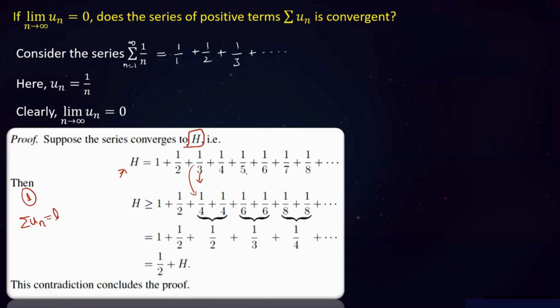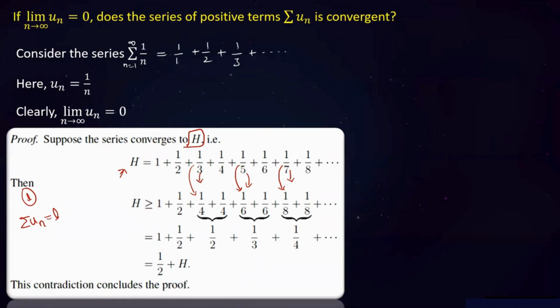Then similarly, I'm adding a small value to 1 by 5 so that 1 by 5 becomes 1 by 6. Similarly, here also, I'm adding a small value to 1 by 7 so that this becomes 1 by 8. In fact, I can add a negative value because 1 by 4 is less than 1 by 3. So I'm just adding some negative numbers to these positive terms to get 1 by 4, 1 by 6, and 1 by 8 accordingly. Now see what happens when I add these things.